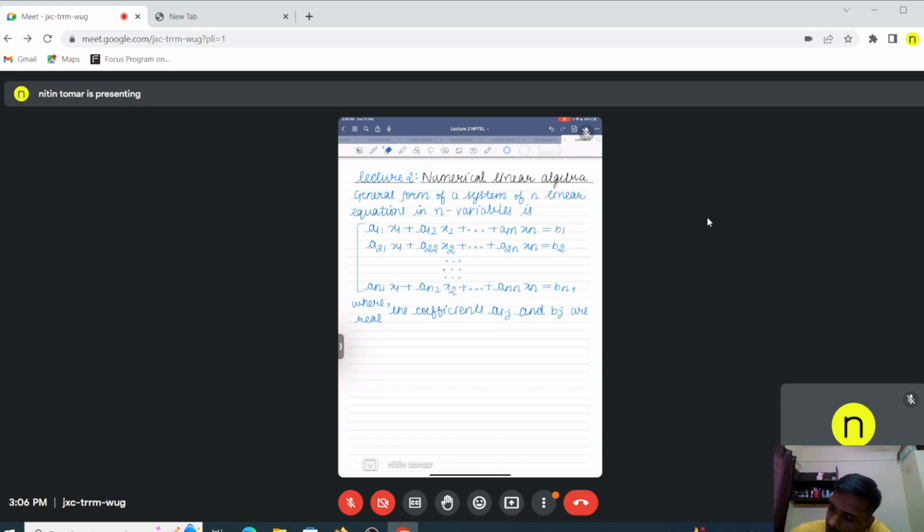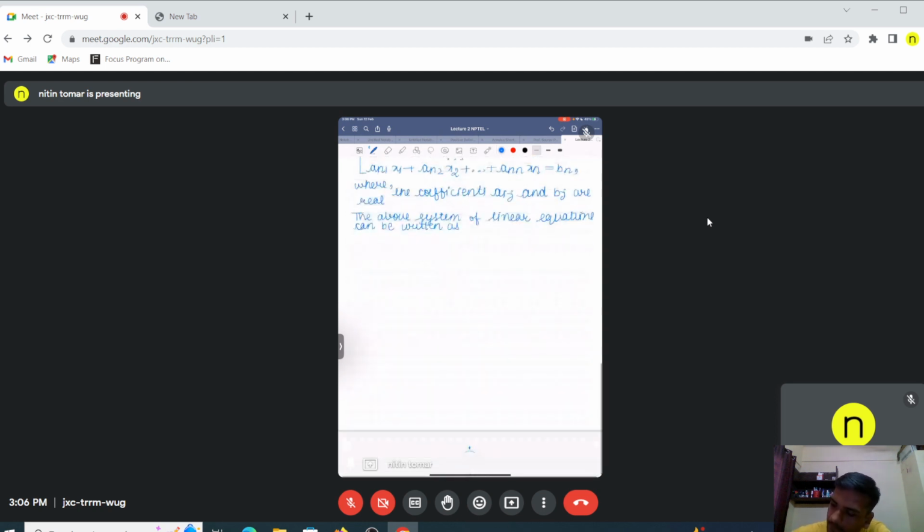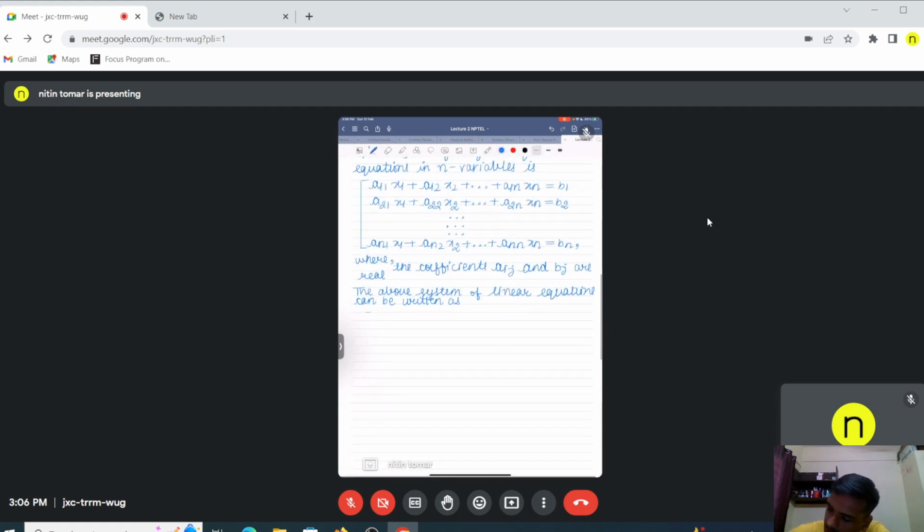Now note that the above system of n linear equations can be written as a matrix with entries a11, a21, ..., an1, a12, ..., a1n, an2, and so on, times the vector x1, x2, ..., equal to b1, b2, ..., bn.